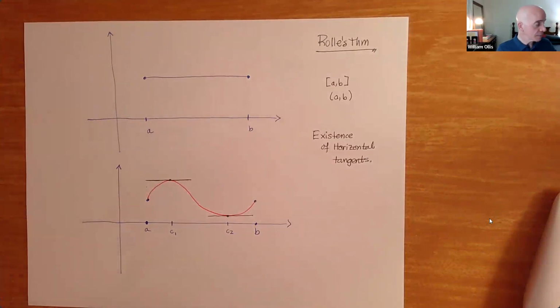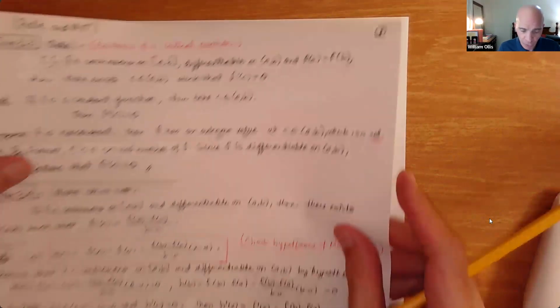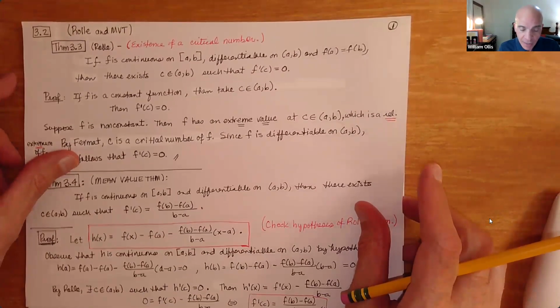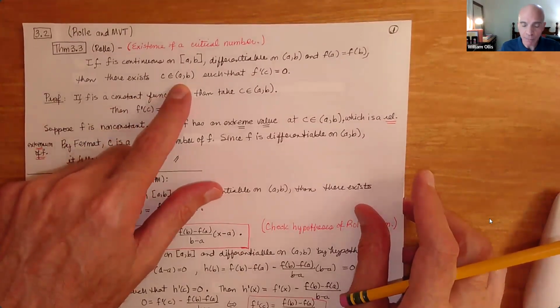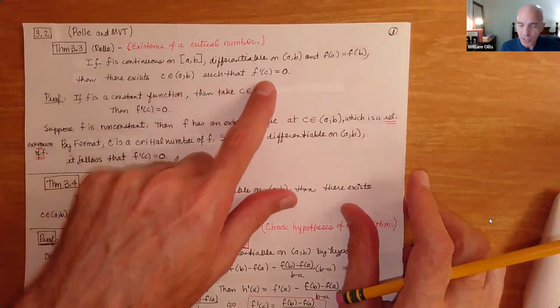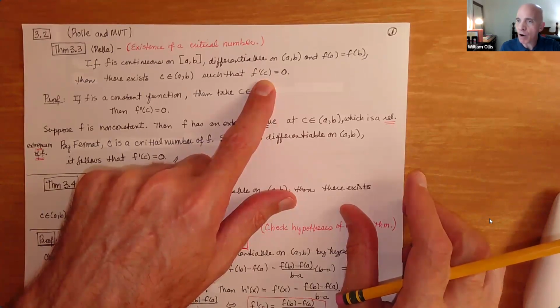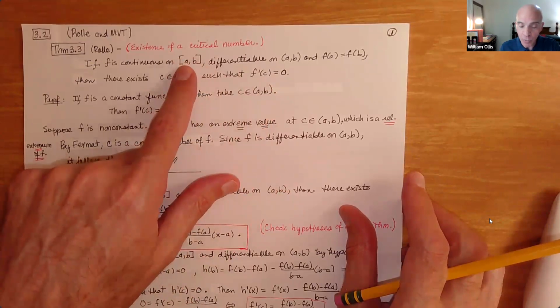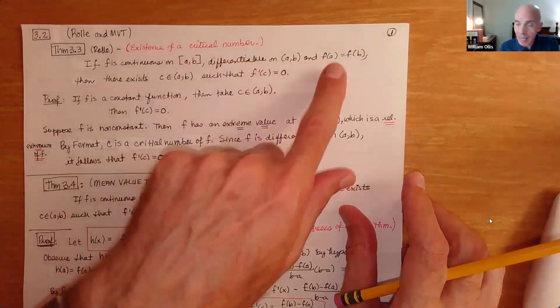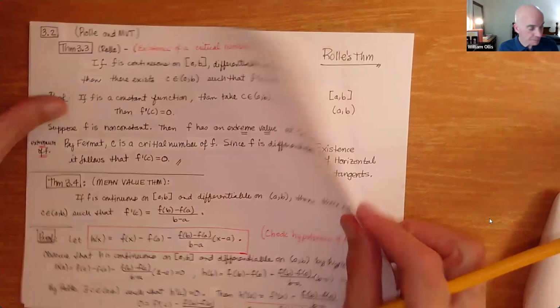What it means in this particular case is that there will be a c, a number between a and b, such that we actually have a horizontal tangent. Okay, now that doesn't seem too far-fetched. That means that we have the existence of a horizontal tangent, at least one, when we have the continuity, the differentiability, and f(a) equal f(b).